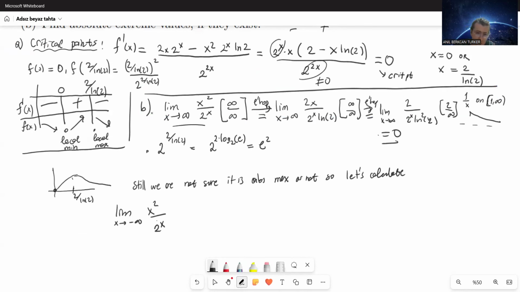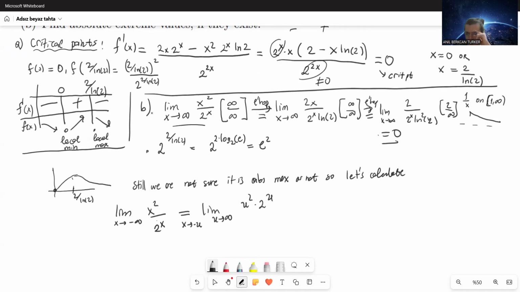So maybe if you are feeling insecure about this minus infinity thing, you can change the variable to minus u or minus x since they are dummy variables. Anyway, limit u goes to infinity, u squared times 2 to the power u. I can rewrite this like that. So when u goes to infinity, this is infinity, this is infinity, right? And they are all positive.